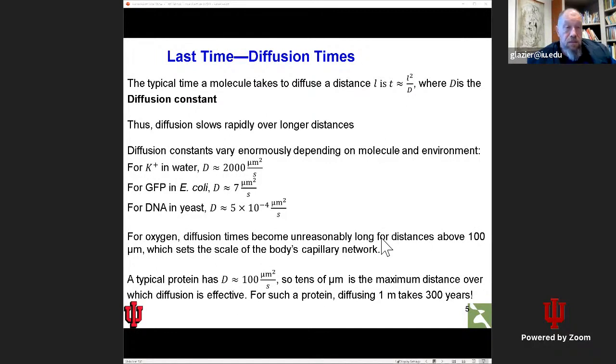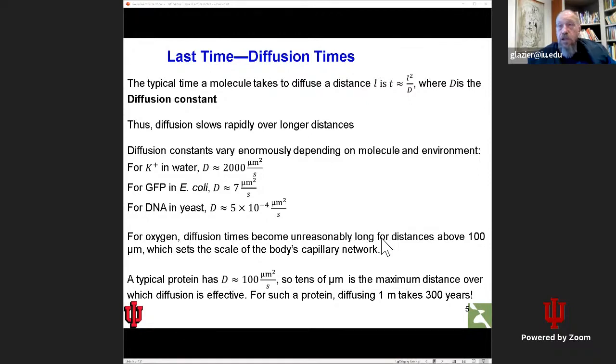There's this great biomath website that has diffusion constants for lots and lots of molecular species. As I mentioned, there's something called Stokes-Einstein that lets you give a rough estimate of the diffusion constant for proteins. It's not a very good estimate, but at least gives you a ballpark. Here, we start out with a monomolecular ion, which has a diffusion constant of the order of 2,000 microns squared per second.